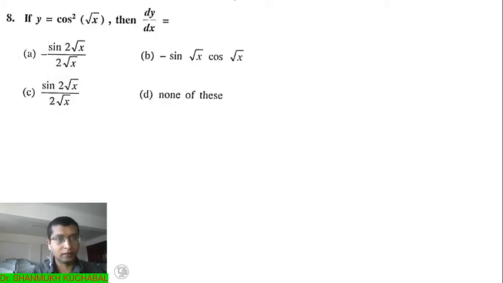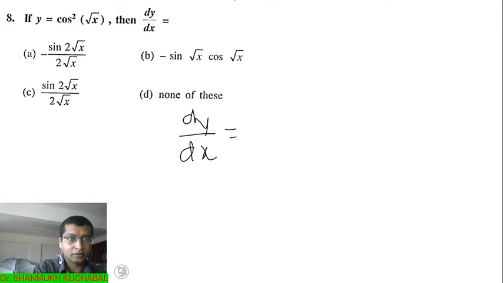Next, y equal to cos square root x. We have to find dy by dx. So directly we differentiate y. Cos square root x, x raised to n is n x raised to n minus 1, so 2 minus 1.